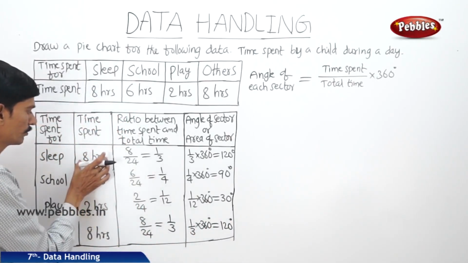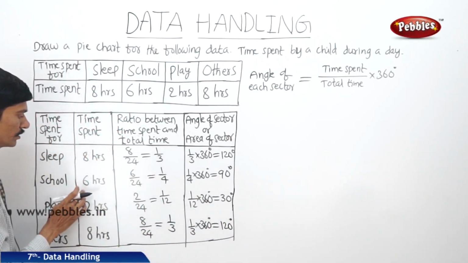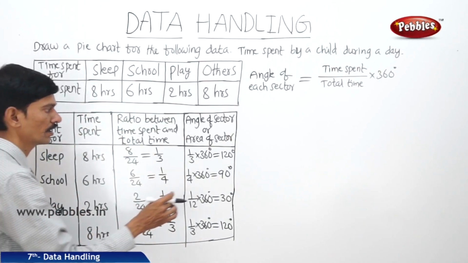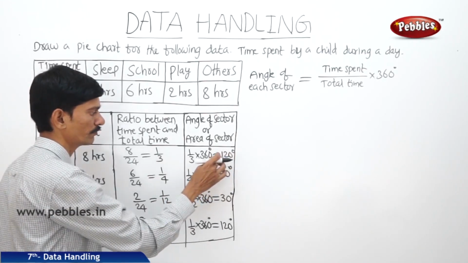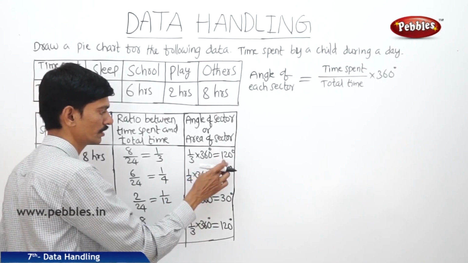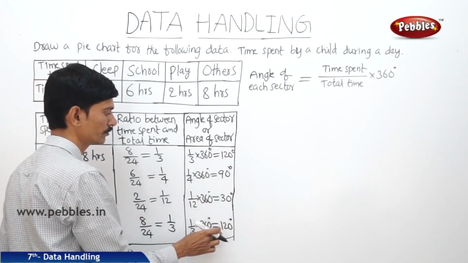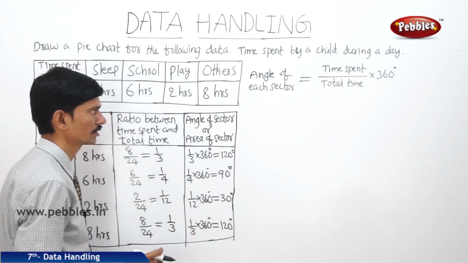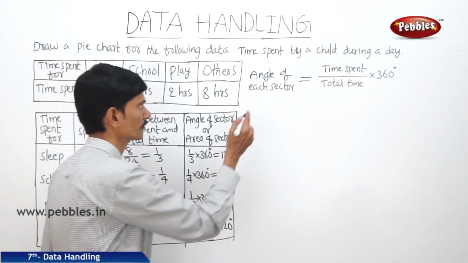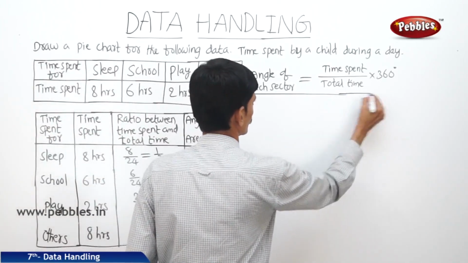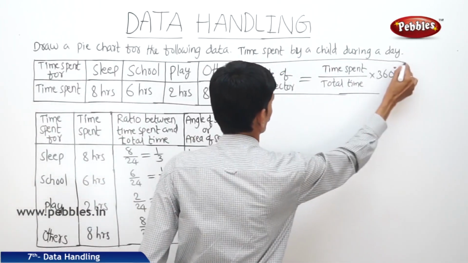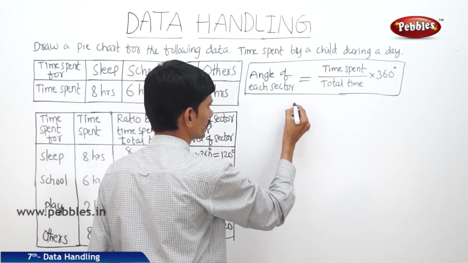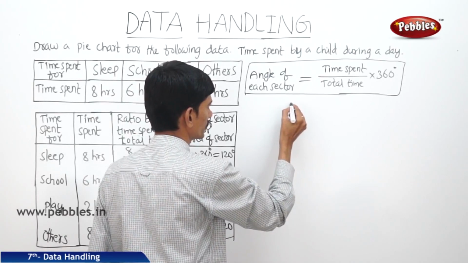So the total available time is 8 plus 6 is 14, 14 plus 2 is 16, plus 8 is 24 hours, and the sum of all the angles will be 360 degrees here. So 120 plus 120 is 240, 240 plus 30 is 270, 270 plus 90 is 360 degrees. Here we have to draw a circle with any convenient radius.